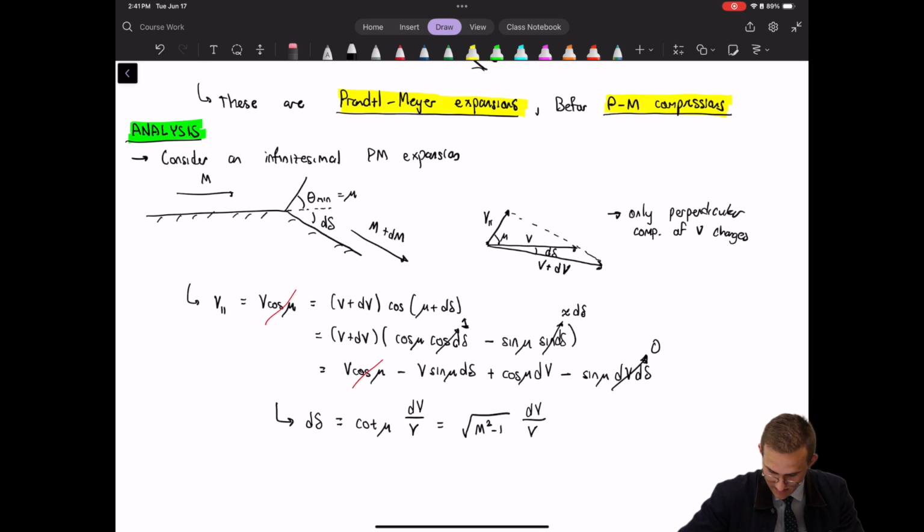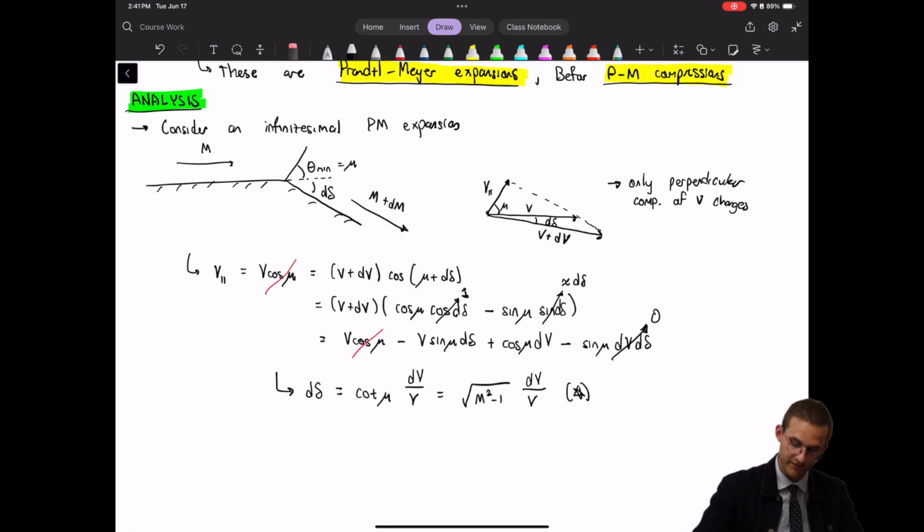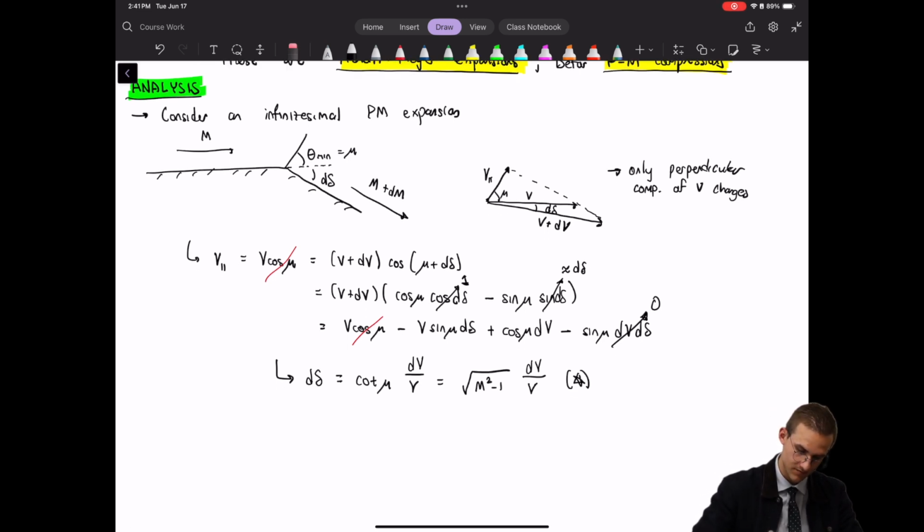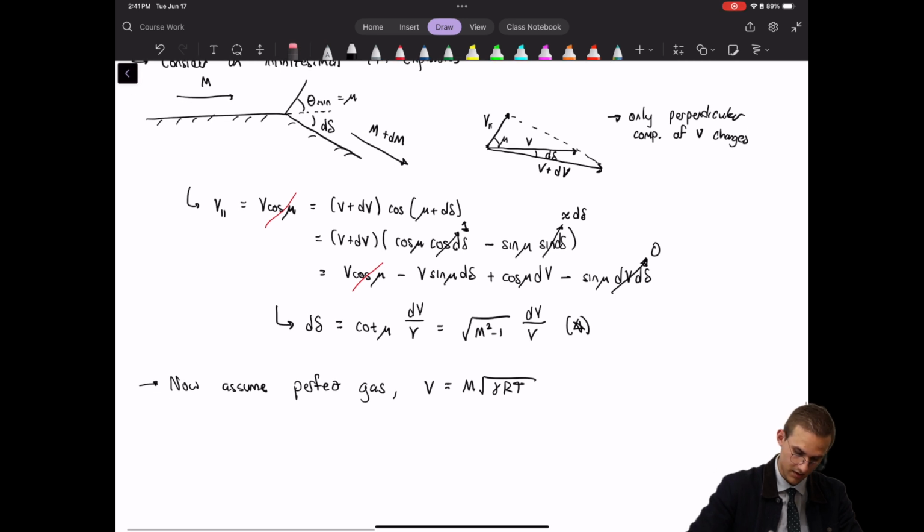So let's label this as a star, okay? And then we're going to assume a perfect gas, where v is equal to M times the square root of gamma RT. Okay?